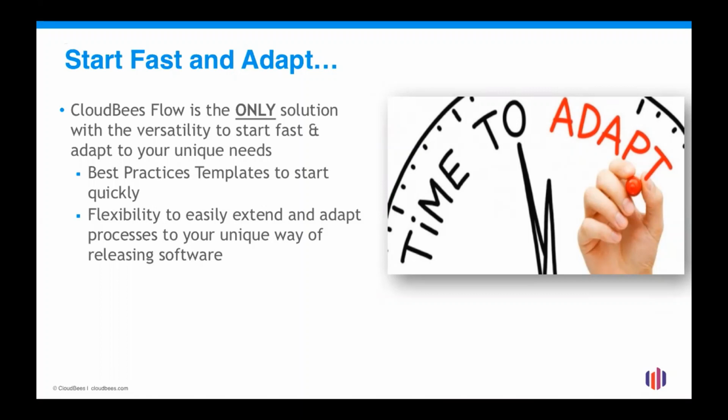We will go through that in details in a couple of minutes, but keeping on the description of start fast and adapt, start fast means that we can start using Flow, using the capabilities of deployment automation, of pipeline environment management, of release orchestration, very quickly, using the best practices that are inside the tool and that are delivered to start very, very quickly.